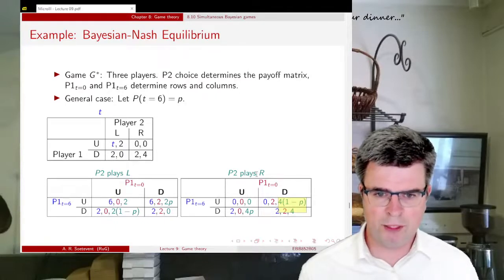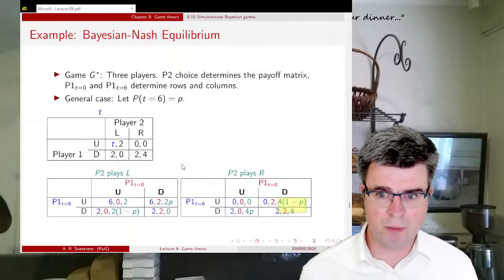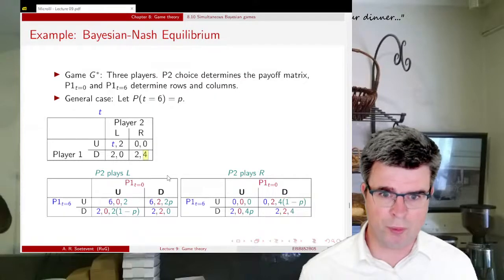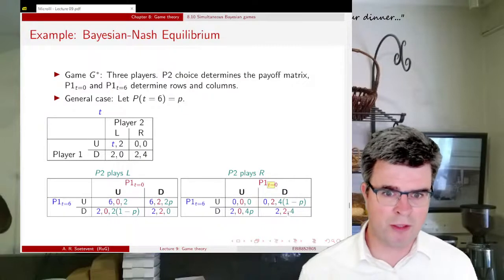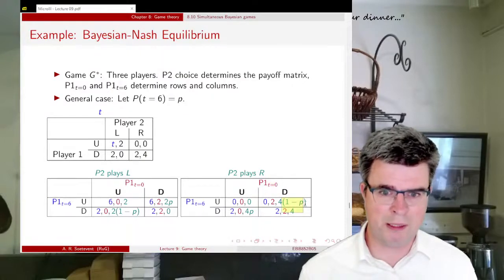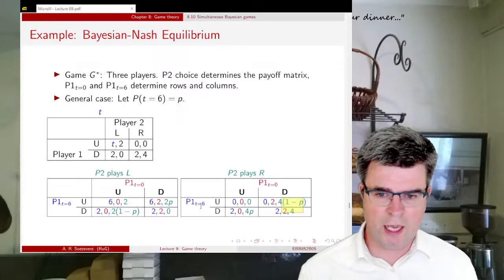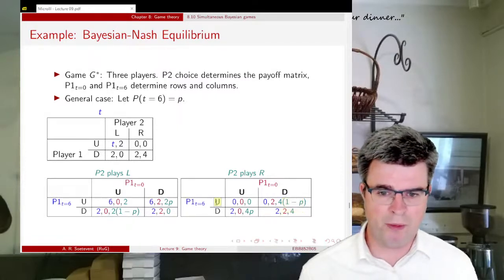If player 2 plays right and player 1 plays down if he's of type t is 0, then the payoff to player 2 will be equal to 4. So the expected payoff is 4 times the probability that player 1 is of type t is 0, which is identical to 1 minus p. At this entry, player 1, if he's of type t is 6, will play up.